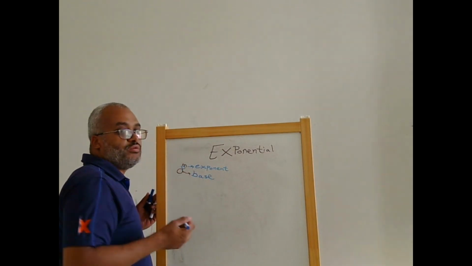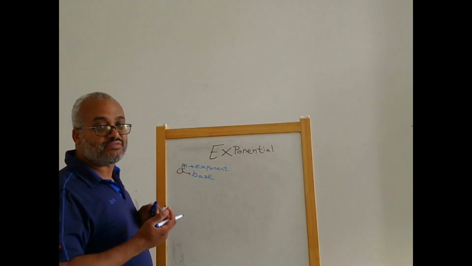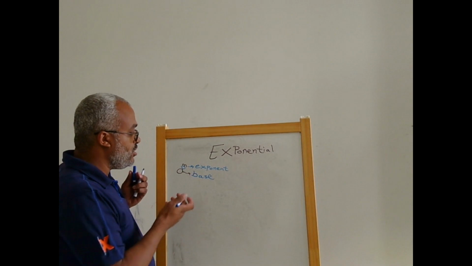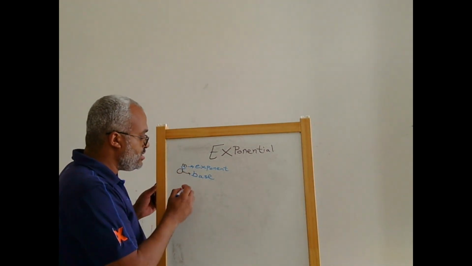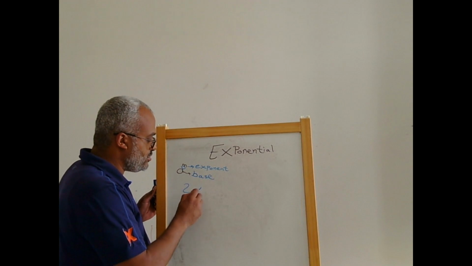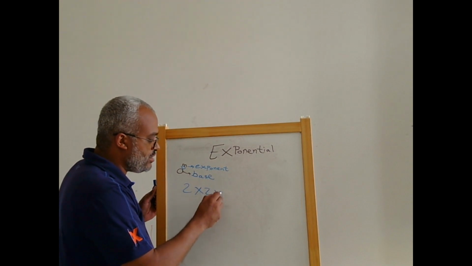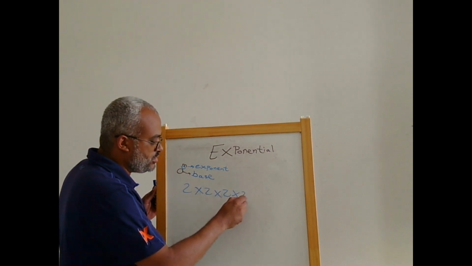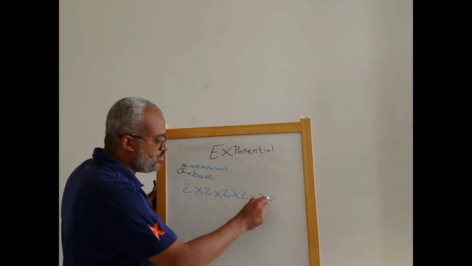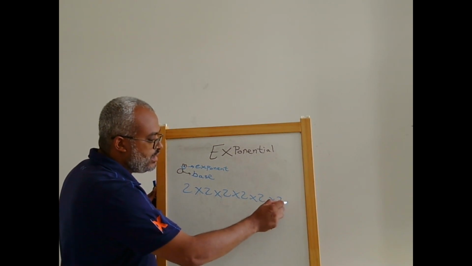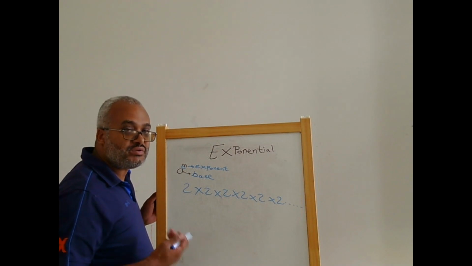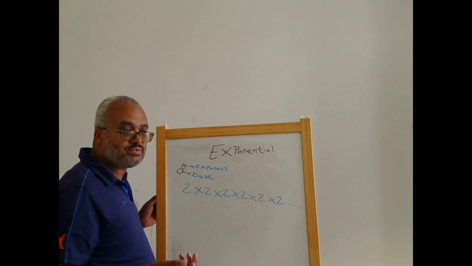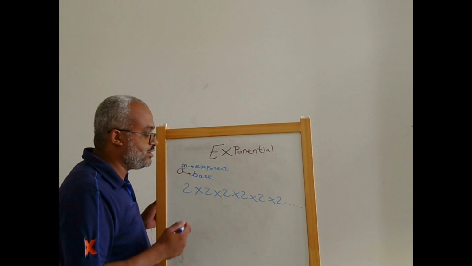So what's the purpose for us for having exponent or base? So I'll give you an example. So let's say you have 2 times 2 times 2 times 2 times 2 times 2 and so on. Eventually you're going to be bored, because you keep doing it and so on.